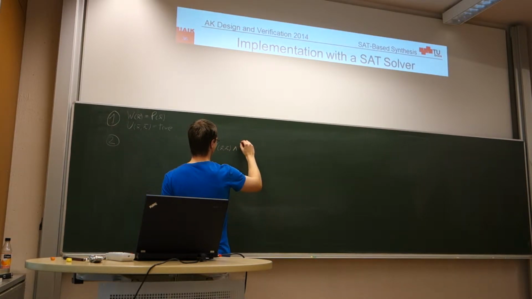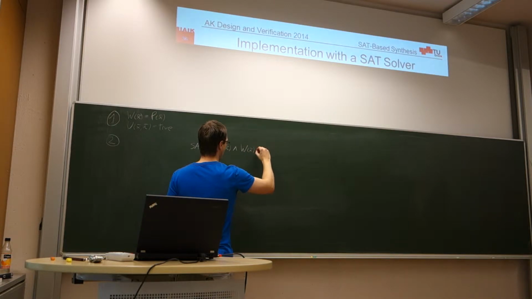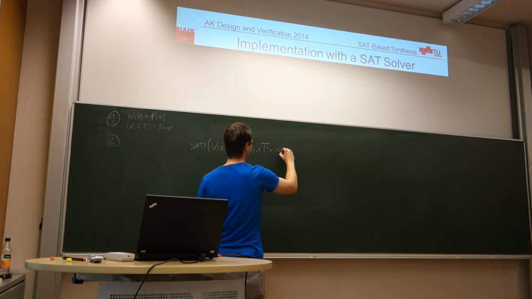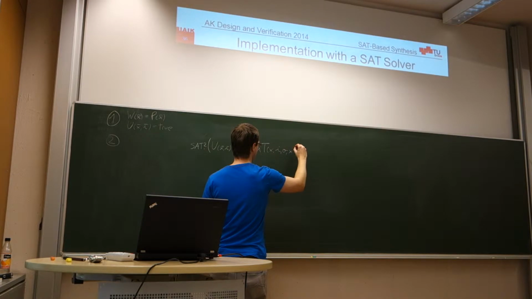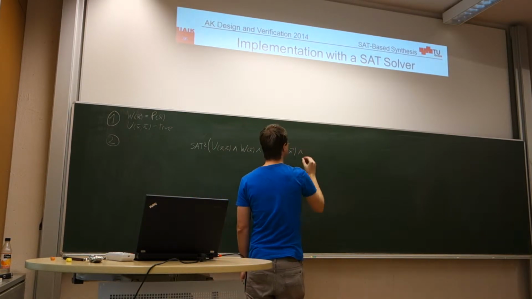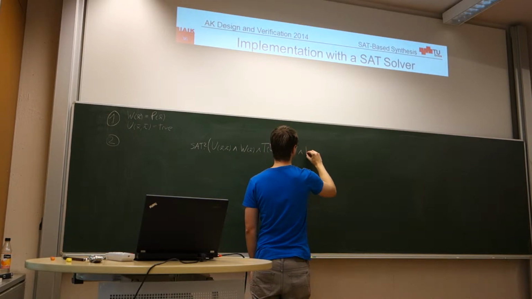Can we find a state which is in W and we take a transition which is allowed by our transition relation, and what else? We end up in a state which is not in W.